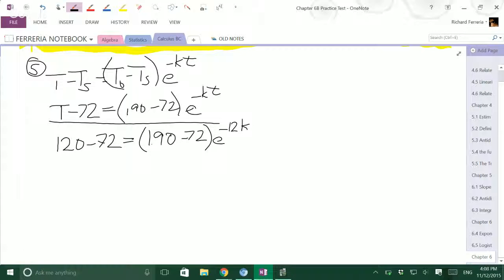We can go ahead and solve that now. Let's see, this is 28 plus 20, so 48. This is 118.